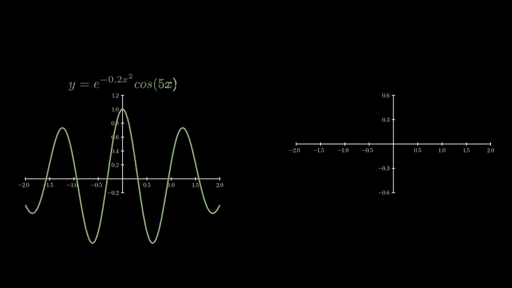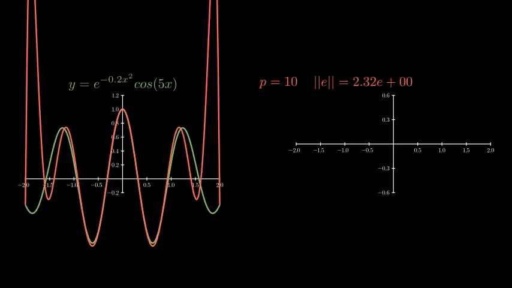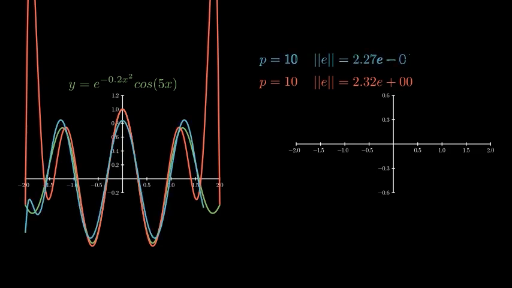Now here you'll see that at the boundaries, the error in the interpolation fit is significant. So now the red curve is the interpolation fit and the error in the normed value is 2.32. But if I do a projection based fit, then the error is lowered by one order and becomes 2.27e-1.